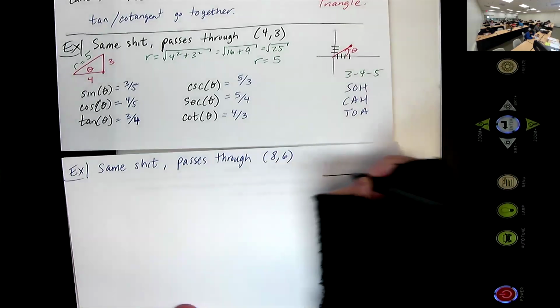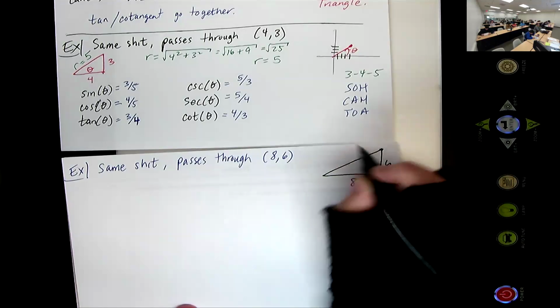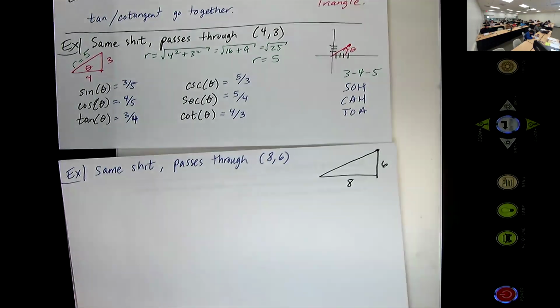If I draw this, I have 8 here and I have 6 here. What did you guys get for R? R is 10.